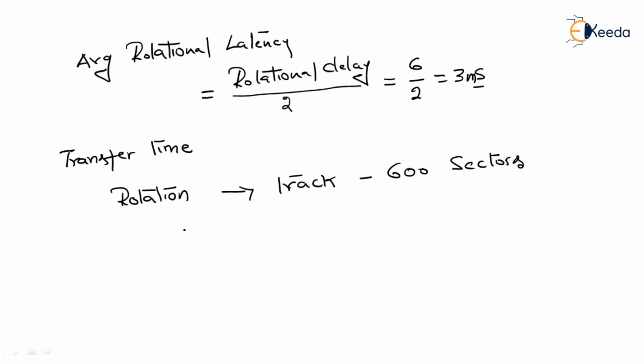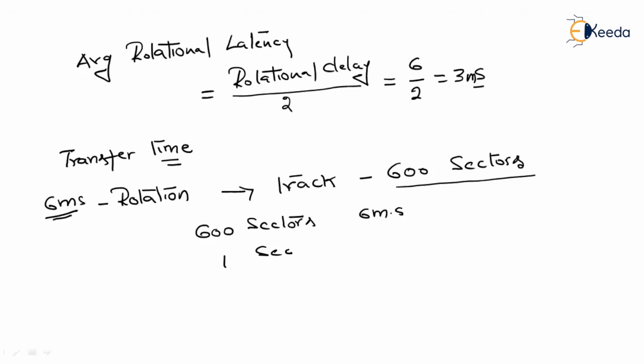So rotation requires 6 milliseconds. In 6 milliseconds, a total of 600 sectors will get covered, but the transfer time should be for one sector. If 600 sectors take 6 milliseconds, one sector will take how many? Which is equal to 0.01.